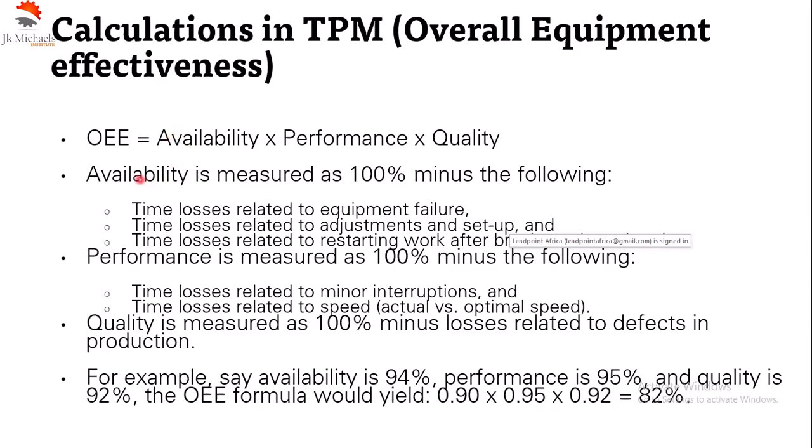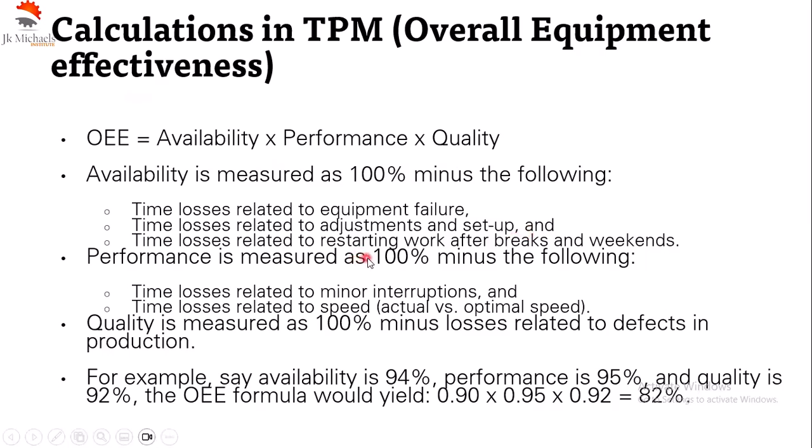Availability will start off as 100%, but then we would measure things like time losses due to equipment failure and subtract them, time losses due to adjustment and setup and remove them, and time losses due to restarting work after break time. When we subtract everything that reduces the availability of the machine, then we have our availability score in percentages.